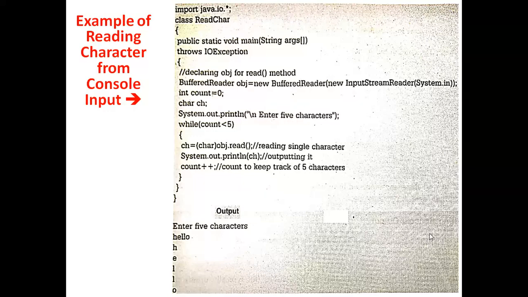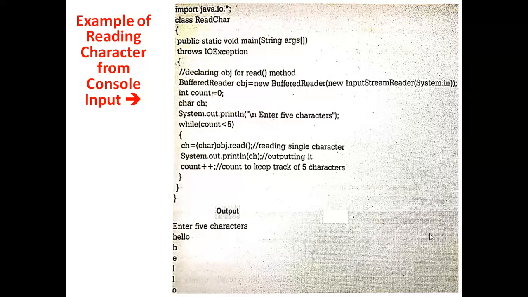System.out.println, enter 5 characters. This message will be displayed on the console for the user to input 5 different characters. To take these 5 characters from the user, I have used a while loop. In the while loop, I have given the condition that count, the number of inputs entered by the user, should be less than 5. These characters are read by using the read method, which is in java.io.